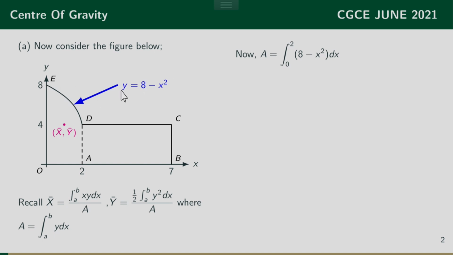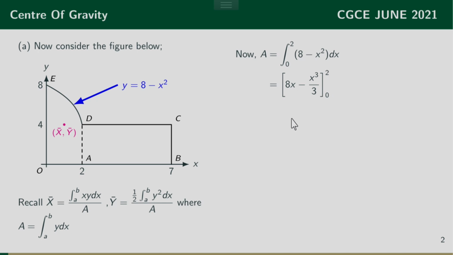Remember, this curve was defined by the equation y is equal to 8 minus x squared. So finding the area under this curve will be integrating the curve 8 minus x squared from 0 to 2. And integrating this function is straightforward, as the integral of 8 with respect to x is 8x, and the integral of negative x squared with respect to x is negative x cubed on 3. Now let me plug in the limits and evaluate this.